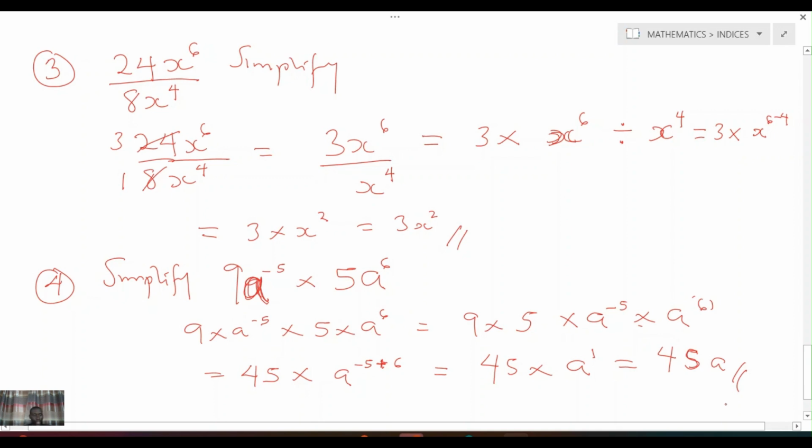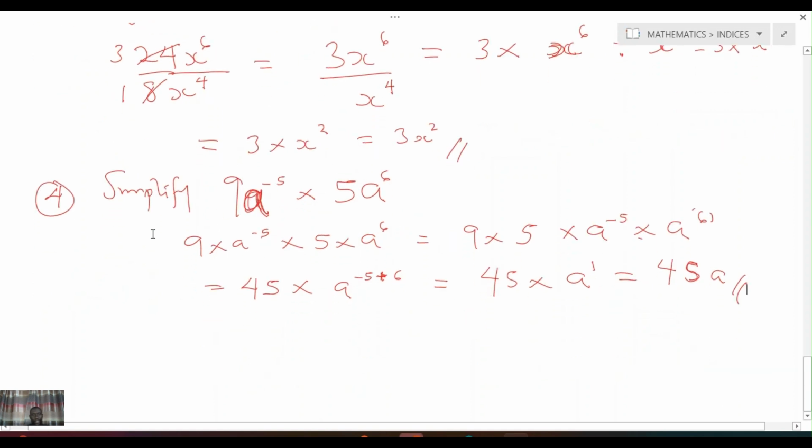Let's look at another exercise. Number 5. Minus c squared times c raised to power 4 divided by minus c raised to power 5.